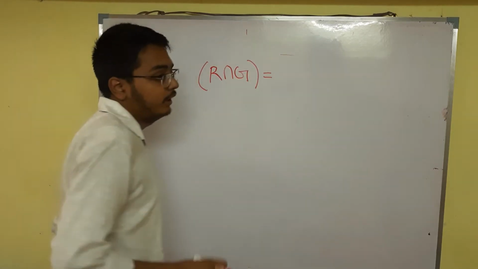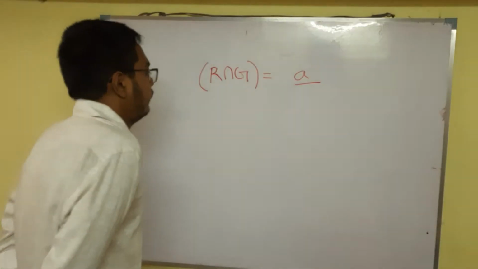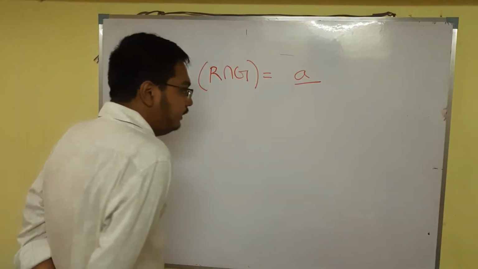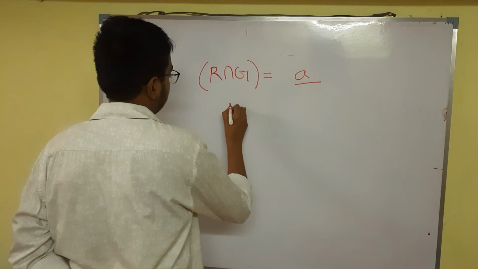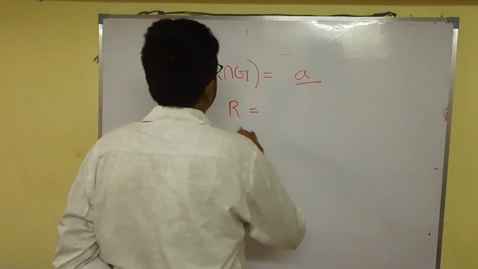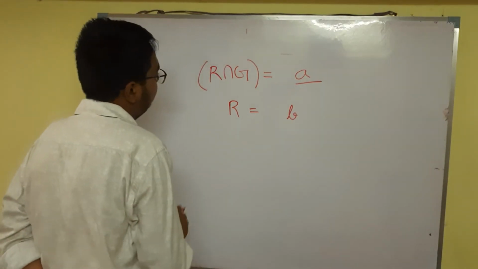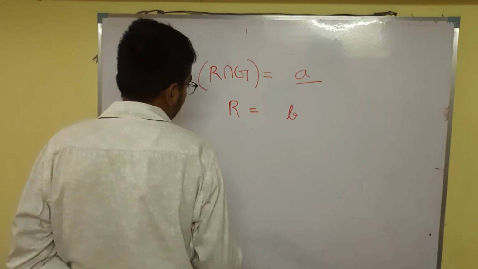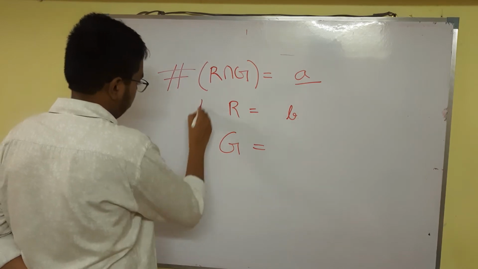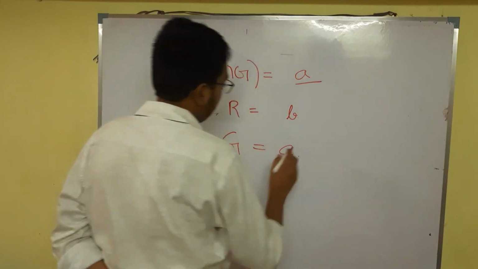We will find the number of it, say A, the cardinality of A, and how many of them are only red, let's say B, and how many of them are green, let's say C.